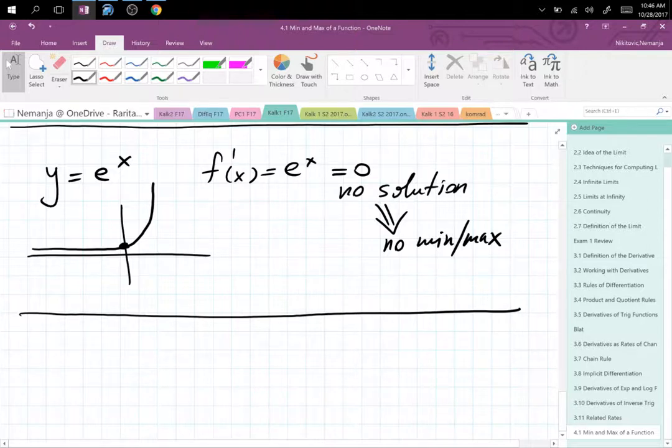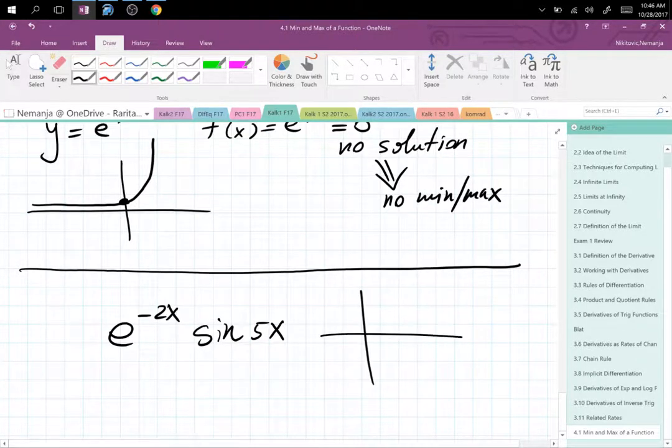In differential equations, you learn about damped oscillating systems, where the solution is e to the negative, let's say 2x times, say, sine 5x. Well, it should be t, but whatever. And the solution for something like that will be like this. So it has a min, max, min, max, min, max, min, max, and then they die out. So that's possible.